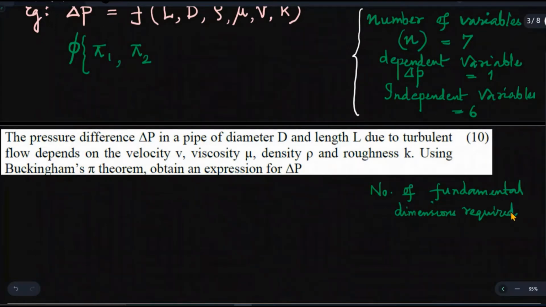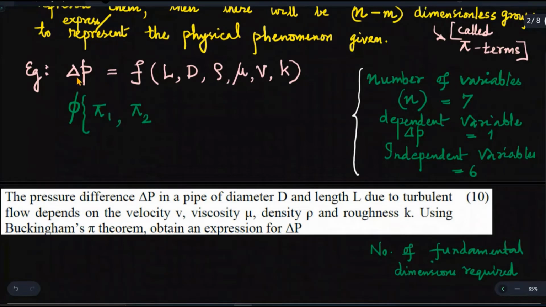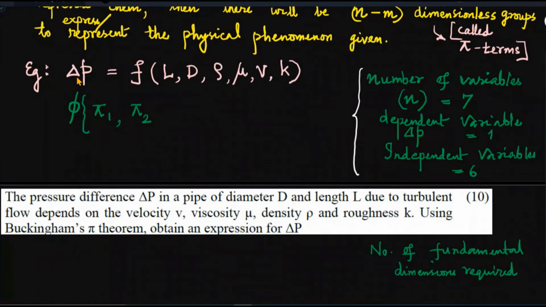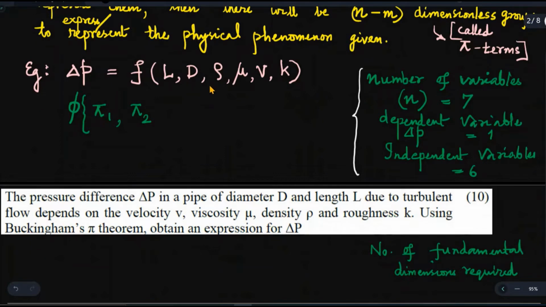See here, if you consider pressure, that is force, normal force per unit area, that will contain the fundamental dimensions M, L, and T, and the length, diameter, density, dynamic viscosity, flow velocity, and pipe roughness. See, roughness as a dimension.